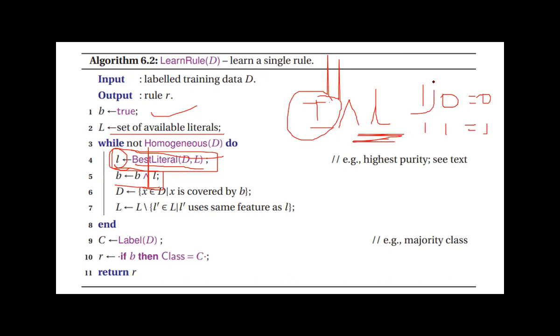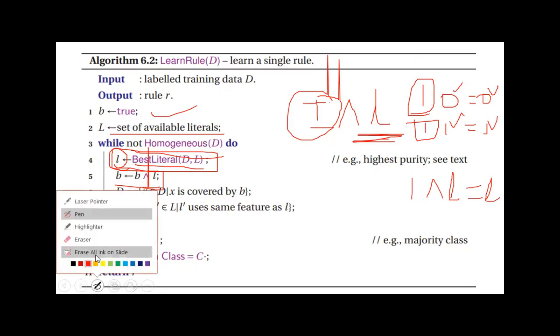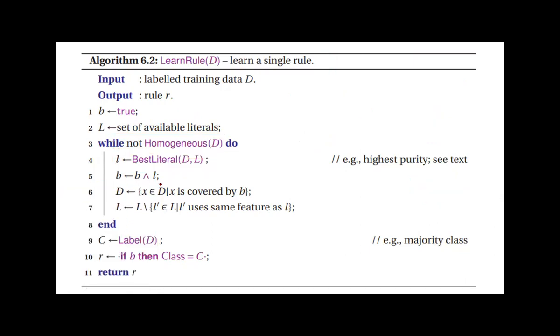So 1 and L always gives you L. So this is called true. We are adding the L to the rule position.